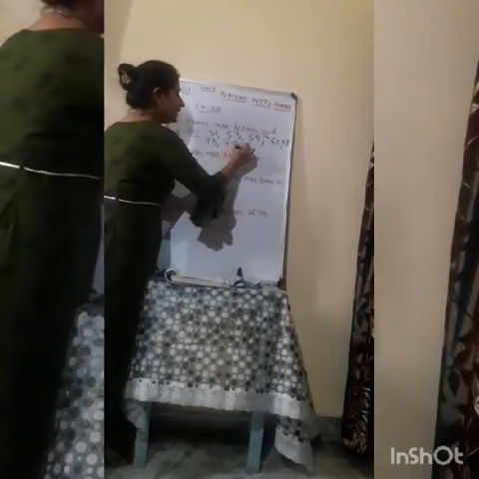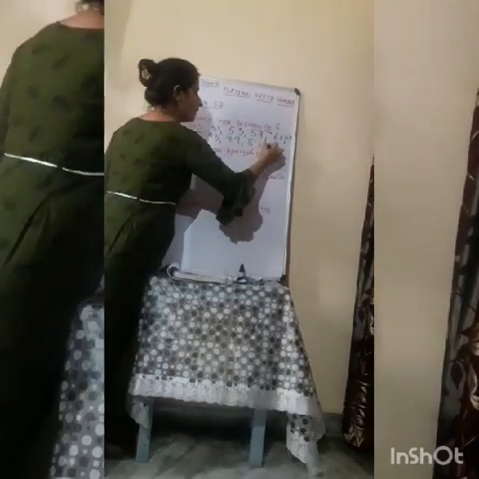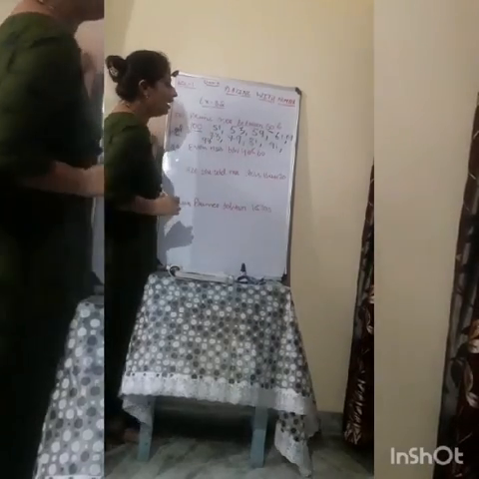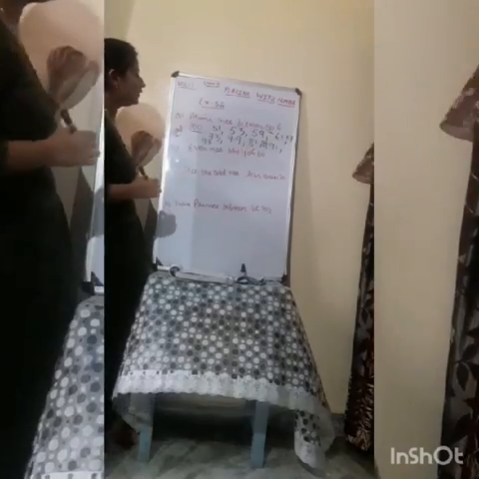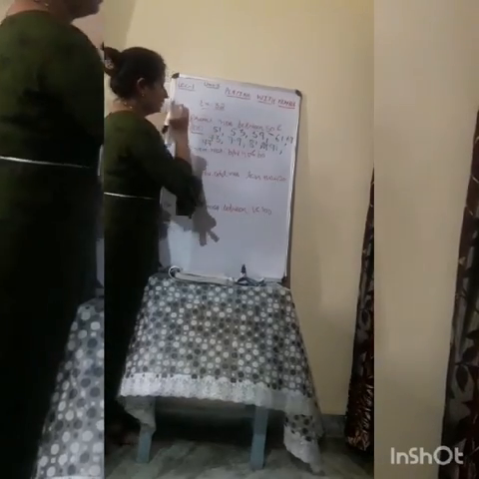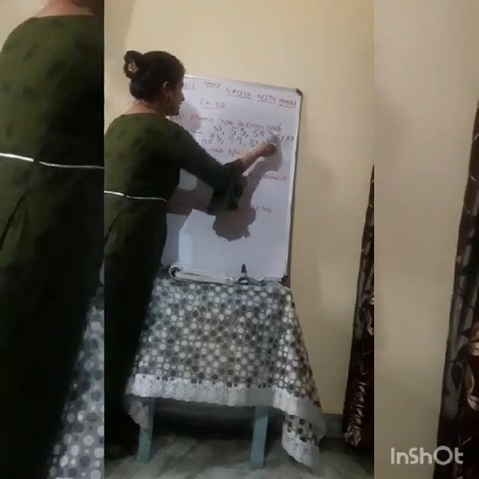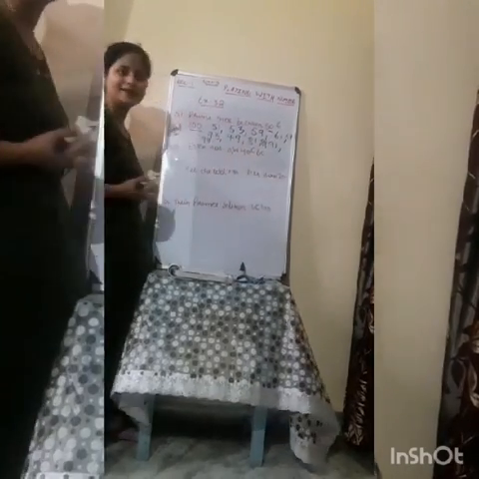Then we have 81. After 81 we have 89, 91, 97. How many prime numbers I have? 51, 53, 59, 61, 67, 73, 79, 81, 89, 91 and 97.